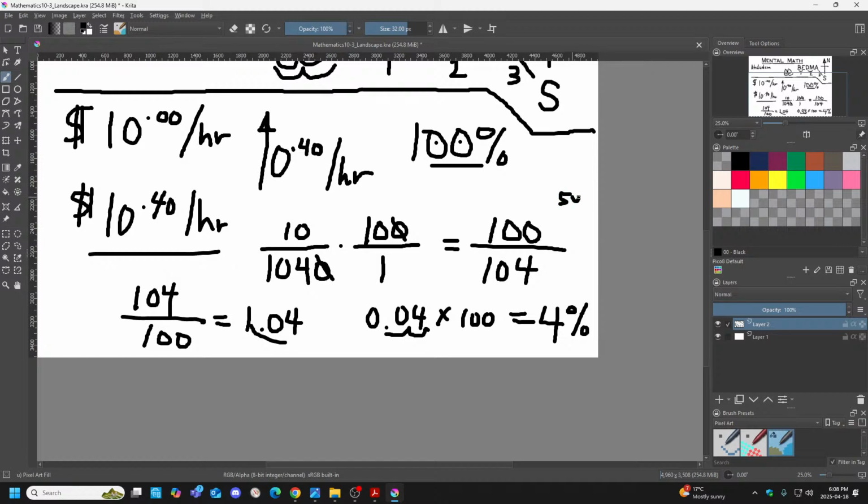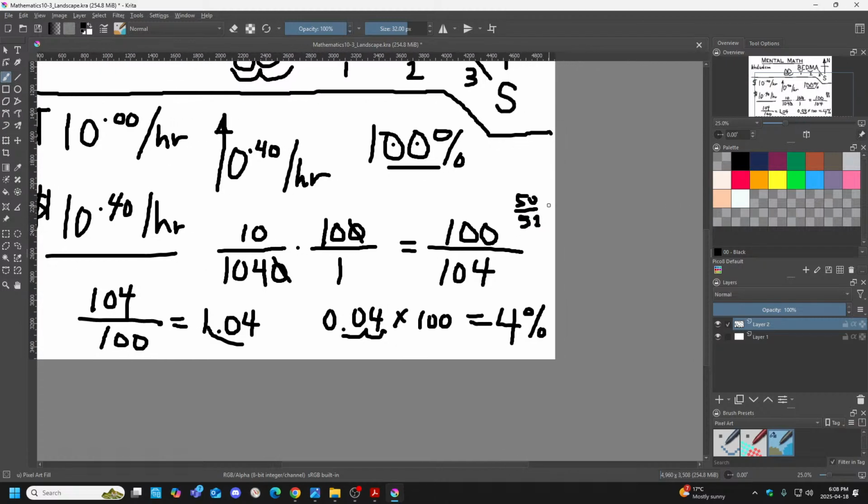on the top here, and then half of this is 52. And I could still reduce by dividing by 2. That would have gave me 25. Half of 52 is 26.